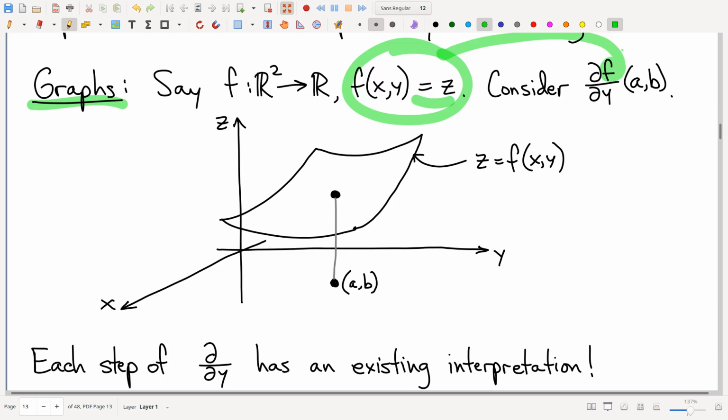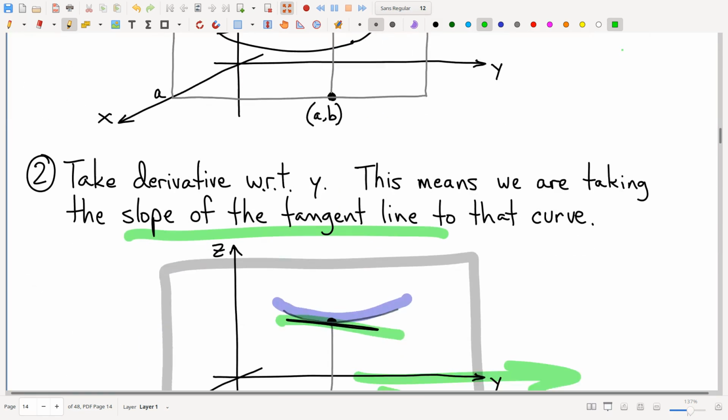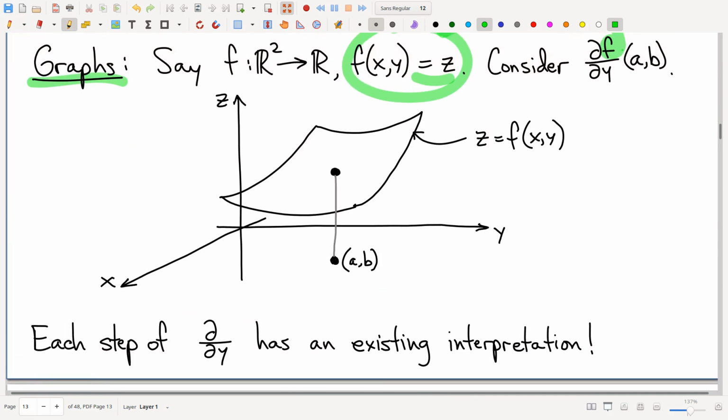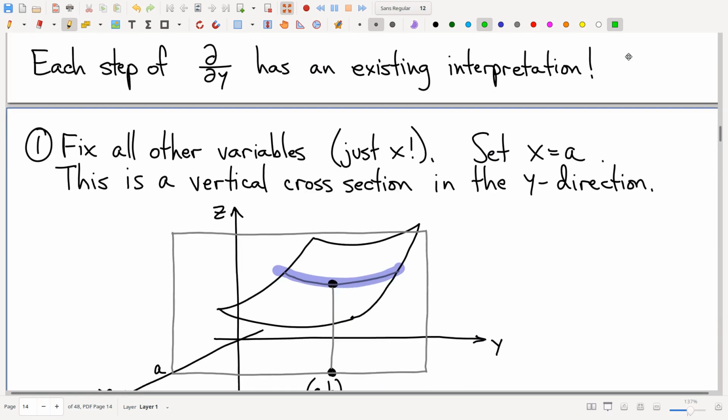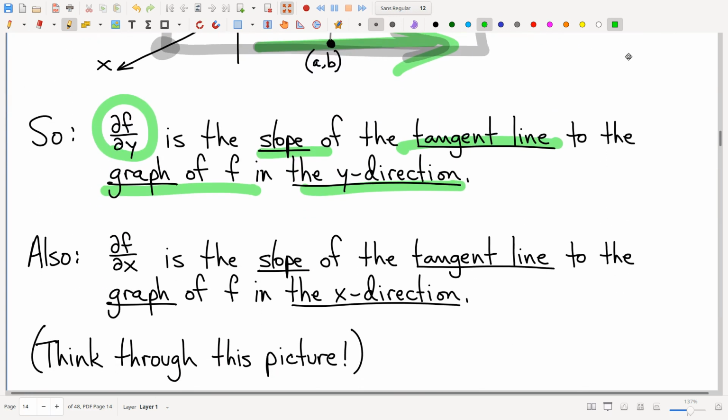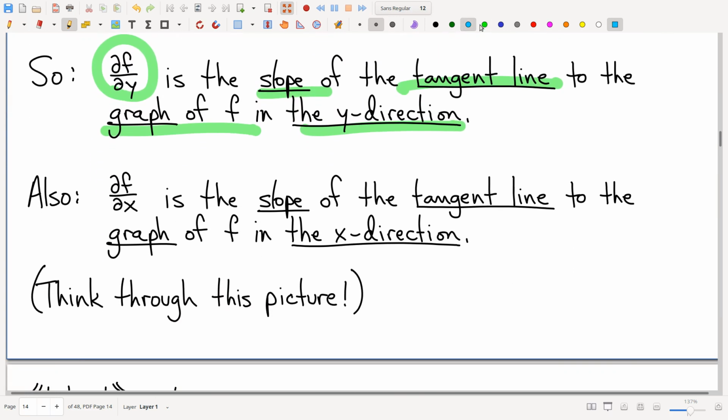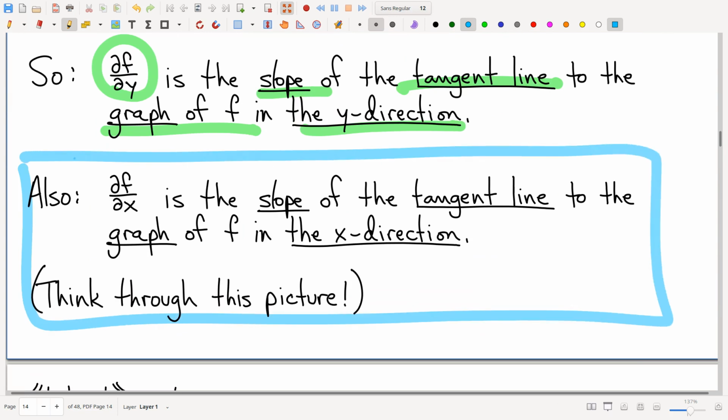Cool. All right. Okay, so notice that what I have here is a series of pictures and resulting interpretations as I go through the process of computing a partial derivative with respect to y. What I want y'all to do as a suggested exercise, and you don't have to, not going to turn it in, but I think a really healthy exercise would be to go through analogous reasoning to make sense out of the partial derivative with respect to x.